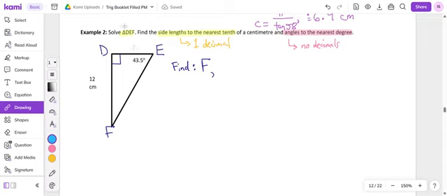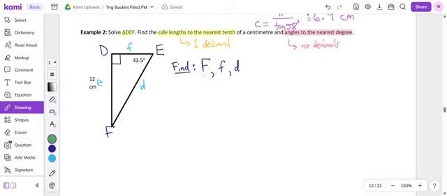So let's take a moment to label the sides D, E, and F. This is F because it's opposite from angle F. This here is E, and the hypotenuse is D. Now that we've labeled this triangle, we can add to our list of information that we must find. In addition to angle F, we need to find the length of side F and the length of side D. And we can do it in that order.